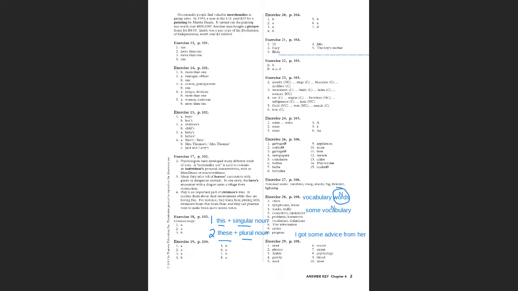Yes, Walter? What if I use advice with numbers? Okay, good question. So how do we count advice? How do we make it countable? Well, we're going to have to add one of the count nouns. The one that we use is piece.